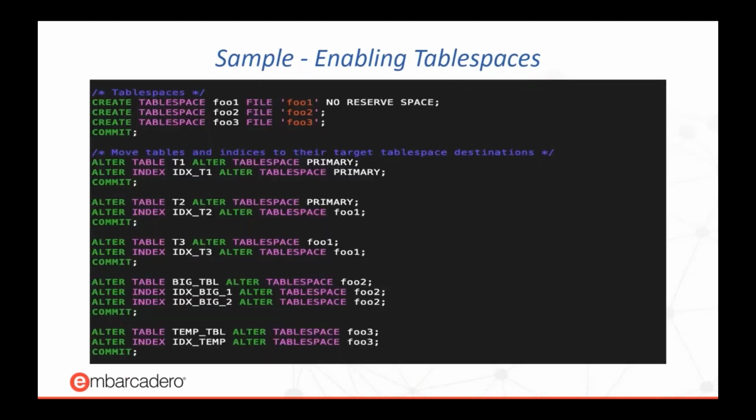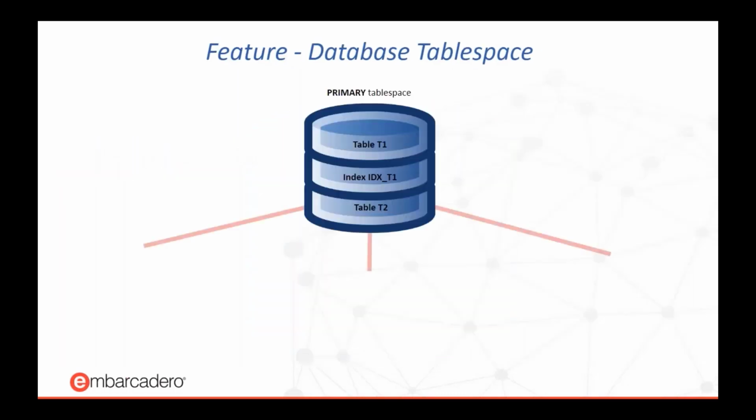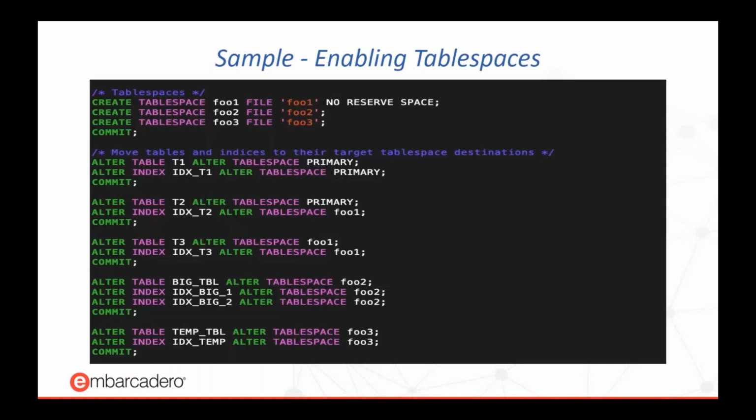So you would take the old schema, which we saw earlier on, where only the tables and indices were defined without any tablespace definition, and convert that. You can look at the result as such. When you have enabled table spaces, you simply go ahead and create a number of table spaces and where they reside on your system. Each table space can have certain properties like reserving space or not reserving space.